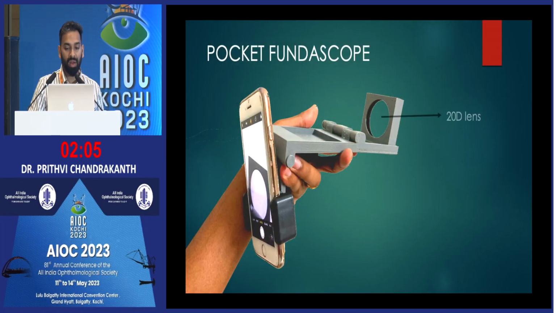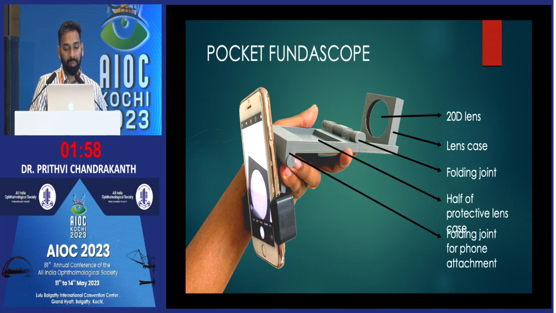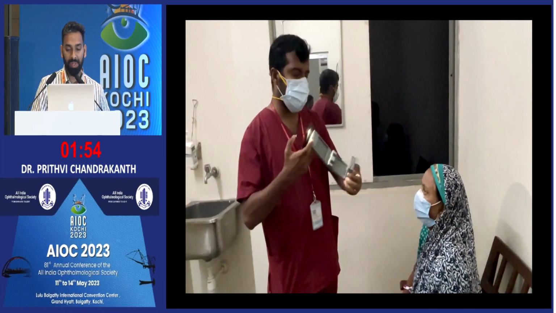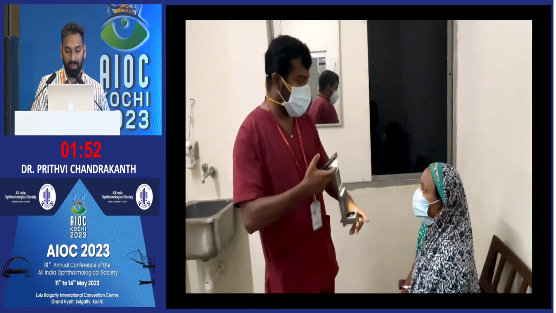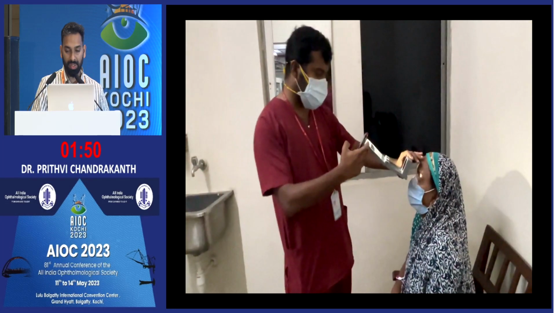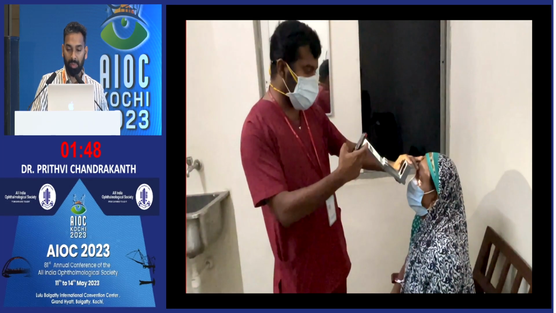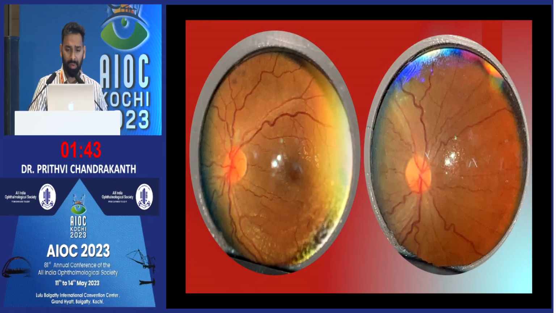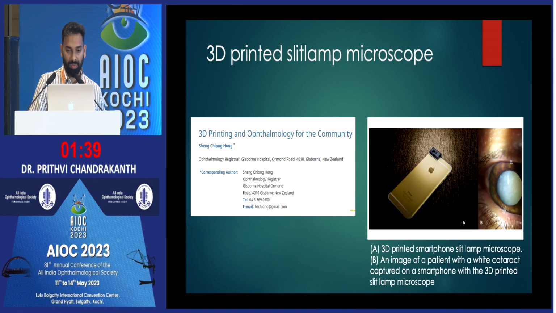You don't have to carry the old big tube-like structures nowadays. You just fold it and keep it in your pocket. You can take it all around and take images of the fundus, and it's going to be available in the market soon. He's doing the final prototype of this. You can see these are the images taken from the John Das fundoscope.